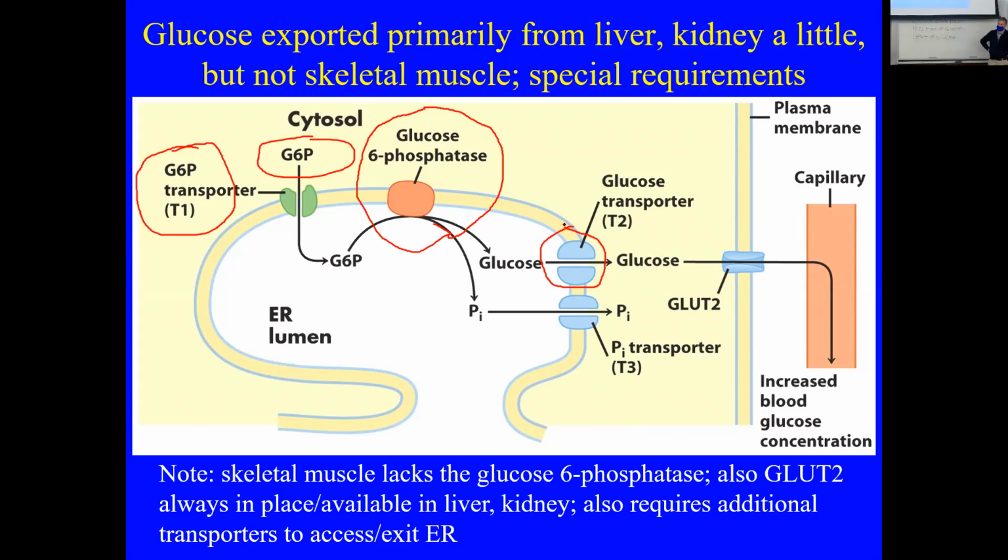Because it is there in a permanent way, it's not insulin dependent, so the glucose can move out of the cell. It really depends on concentration, but if we're generating glucose in the cell, either through gluconeogenesis or glycogen breakdown, the concentration in the cell will be greater than in the circulation, and the glucose will move out of the cell.